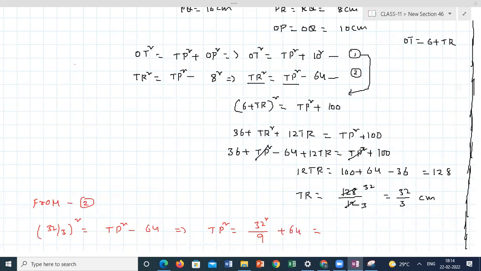Sir, after calculating, I'm getting 177.77 approximate. In fraction, how much it is?